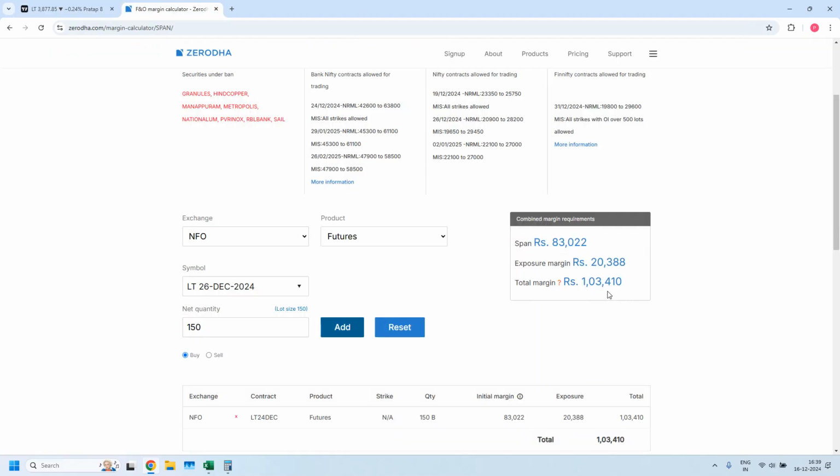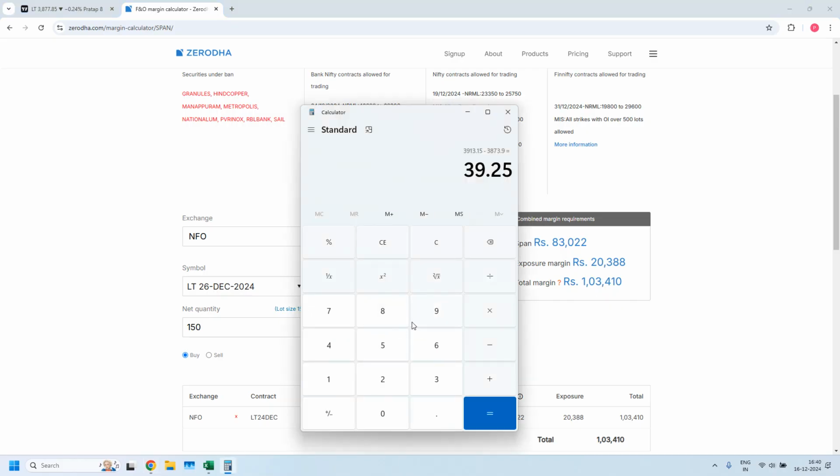Maybe something around 1,04,000 rupees. First, how much profit would we have got into 150? We would have got 5,887 rupees per one future. If you would have bought two futures, you would have got nearly 11,000 or close to 12,000 rupees profit. Maybe 11,500 rupees.